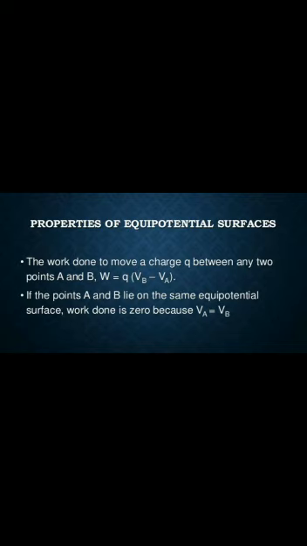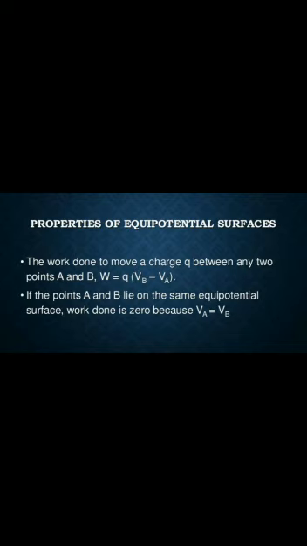Now, let's move into the properties of equipotential surfaces. The work done to move a charge Q between any 2 points A and B is given by the formula W = Q (VB − VA). Suppose the 2 points A and B are placed on two different circles, circle 3 and circle 1.